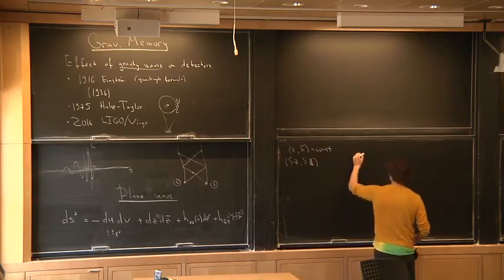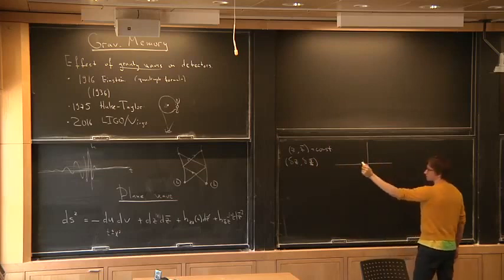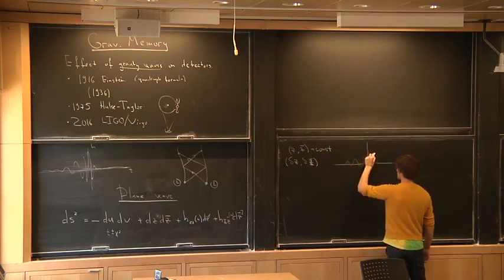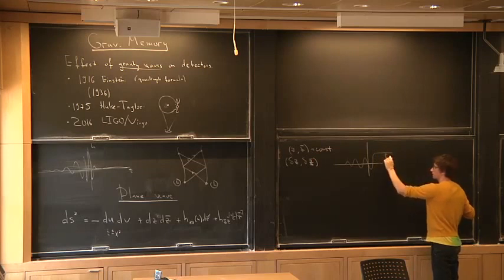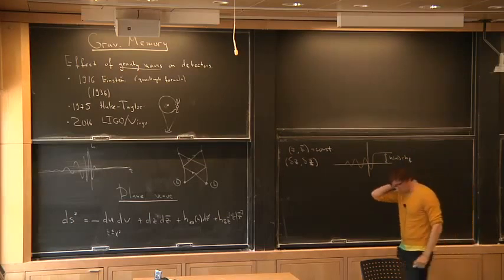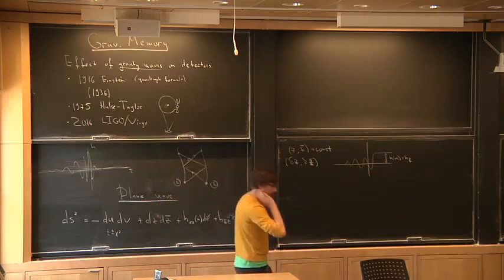Imagine I plot, instead of this, a figure of this sort, where there is a residual h of u at plus infinity, which we call h final, which is non-zero. Could it be the case?